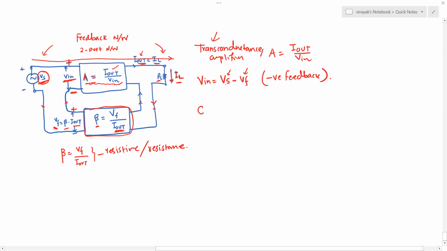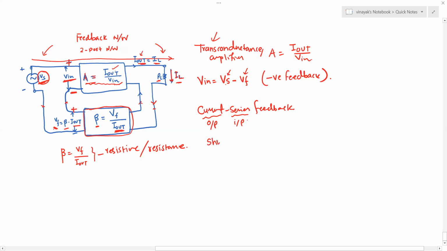In fact, let me write it: current series feedback, because this indicates what you are sensing. You are sensing the current, and this indicates in what fashion you are adding to the input. So you are adding the voltage in series with the input. So this is called as, in other words, you can say that I am sensing the current.